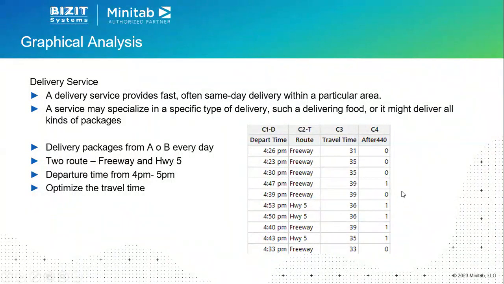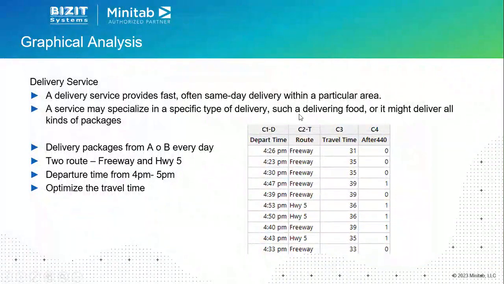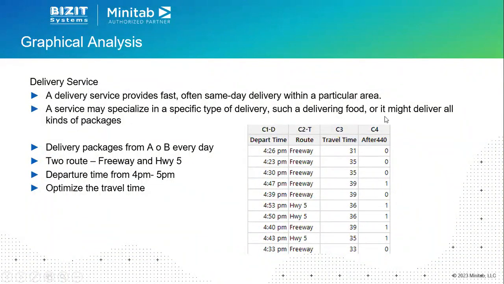For this case, they collect the data from the departure, then they collect the route, considering the freeway and heavy traffic. Then they collect the travel time, from the departure to the endpoint, how long in minutes, and then they consider other information as well.